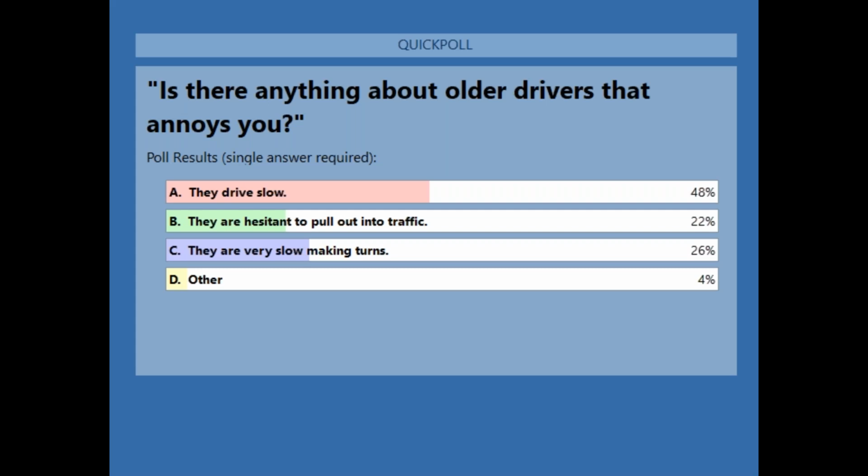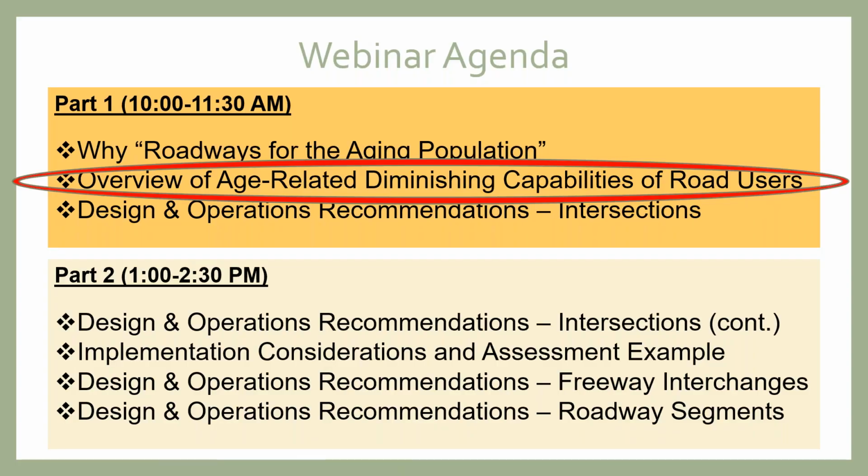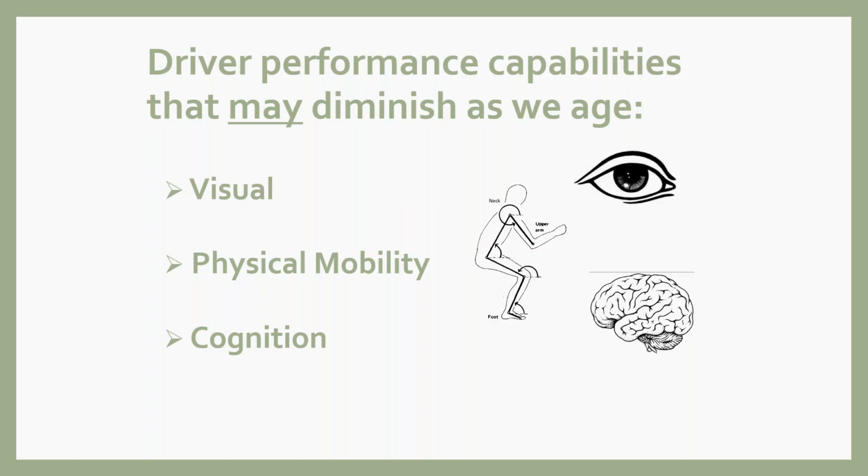So these things that we observe with older drivers, there are actually reasons why these happen. And so I want to segue into the next section here that provides an overview of age-related diminishing capabilities.